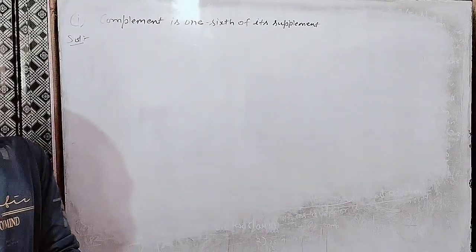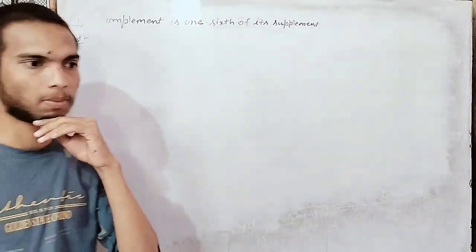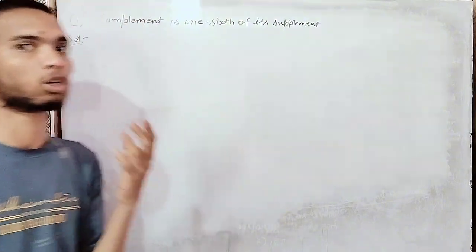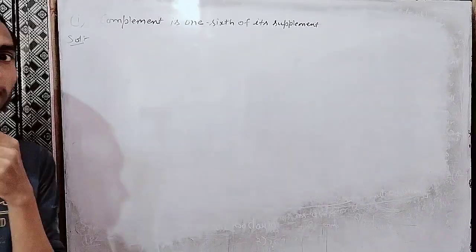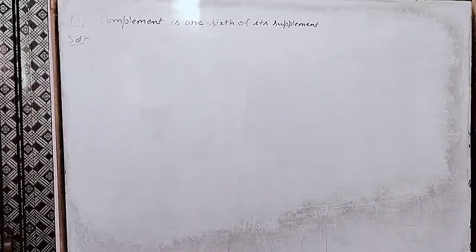And "of" is used for multiple. So 1/6 multiple of the supplement. Supplement is 180 minus x, and complement is 90 minus x.